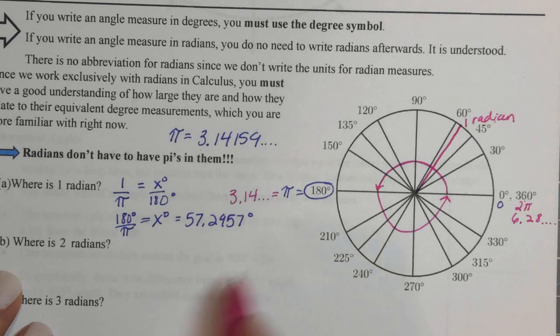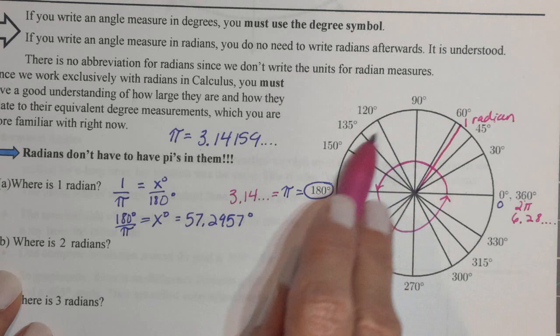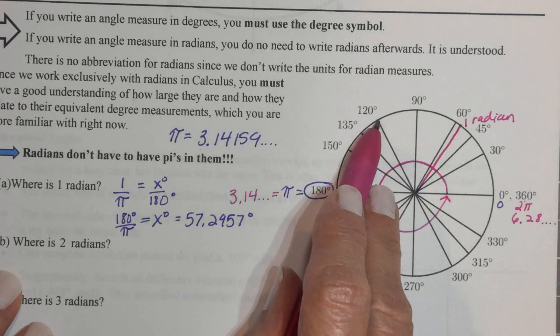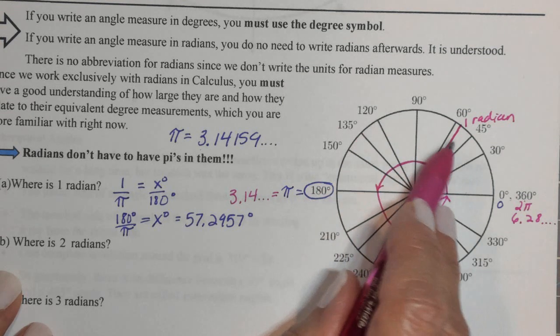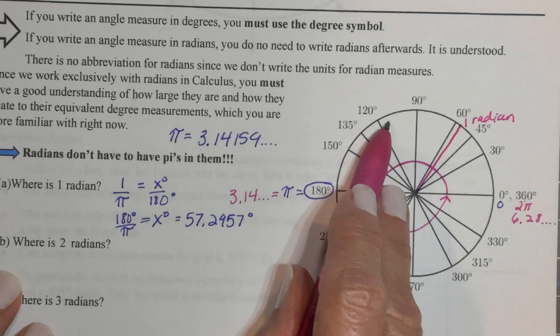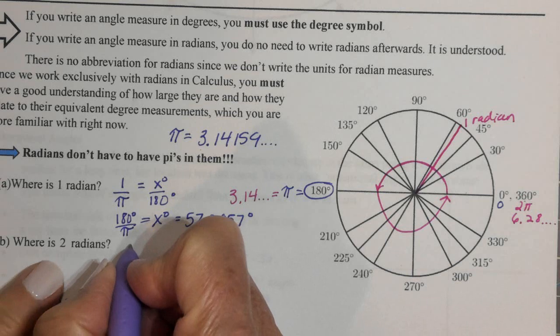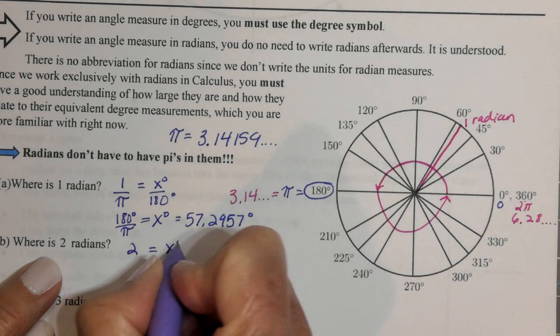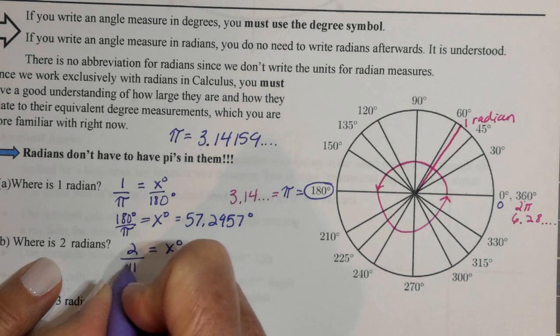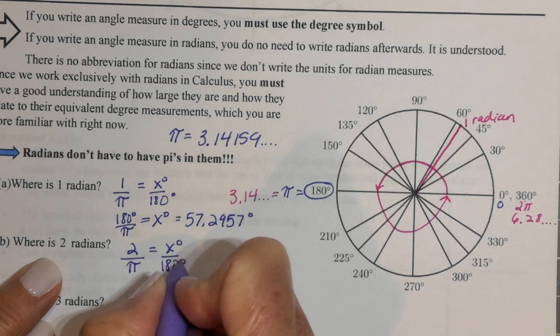So where is 2 radians? Well, it would be somewhere over here, right? A little less than another third of the way, so a little less than 120 degrees. We can find out how many that is. 2 radians is how many degrees? Pi radians is 180 degrees.